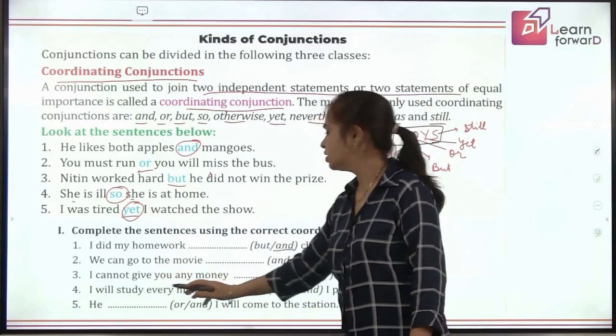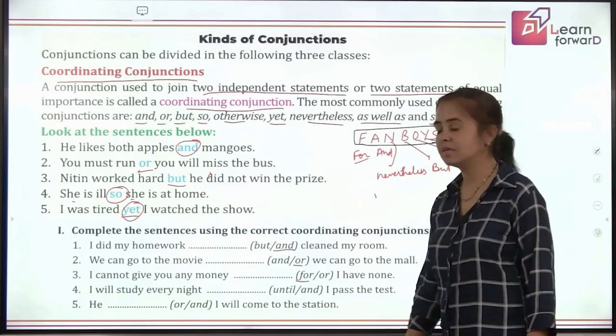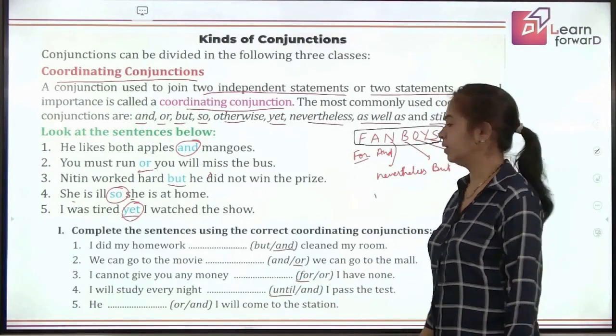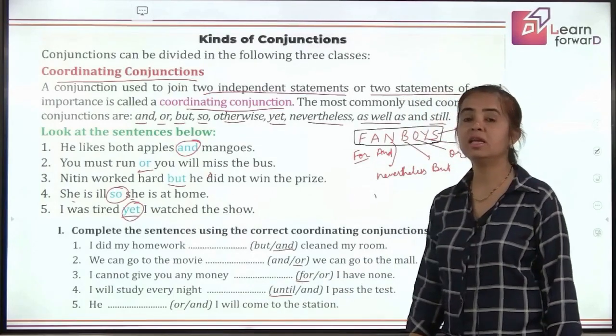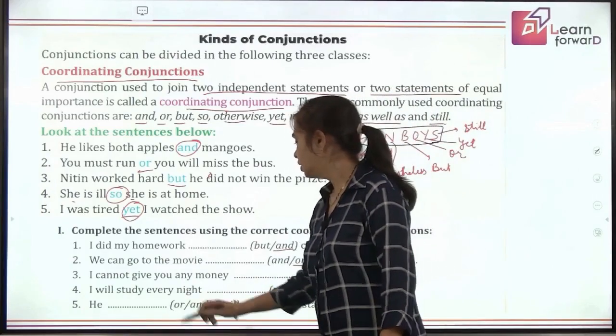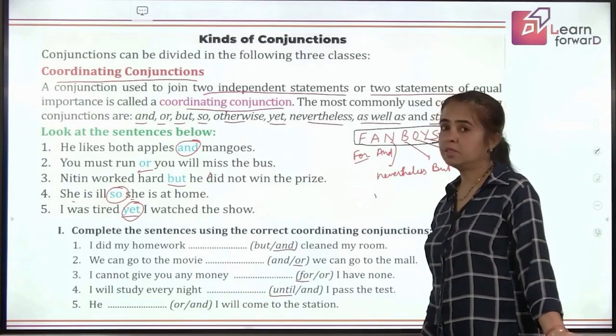Now I will study every night dash I pass the test. That gives you the condition until, not and. He dash I will come to the station. He or I. Yes. It can be both also. That means both are going.